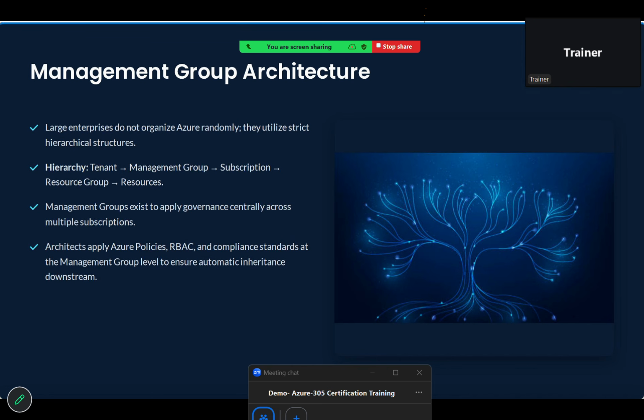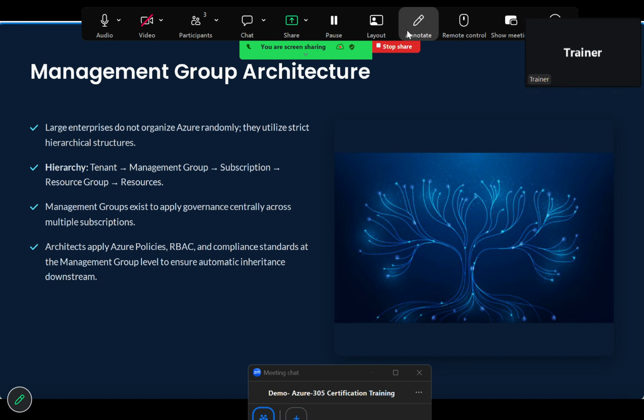It will use management groups. So what will your architecture be? Tenant, then management group, then subscriptions, then resource group, then resource.